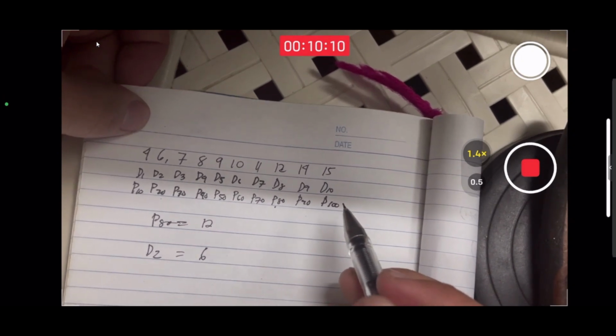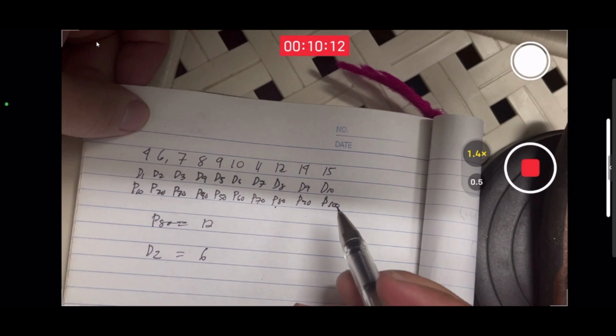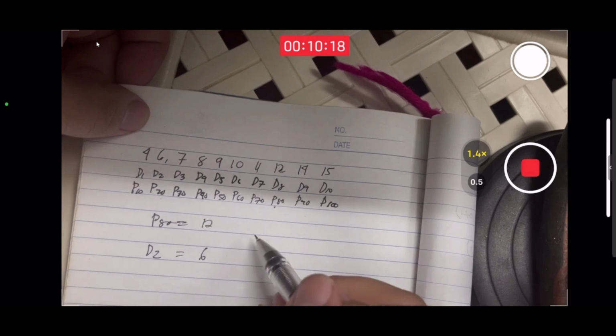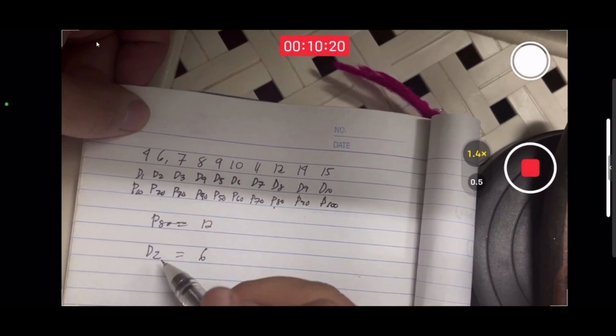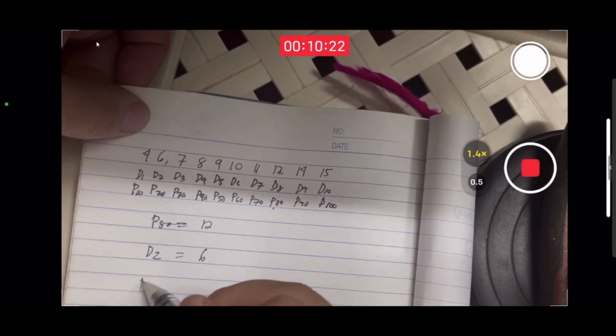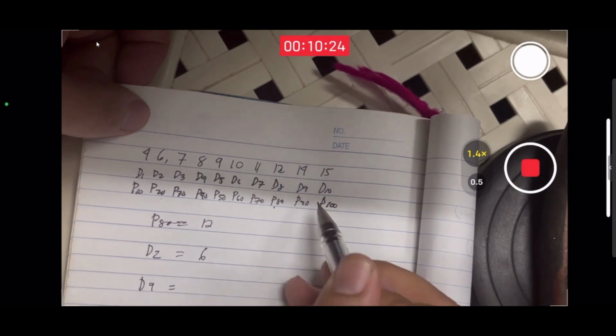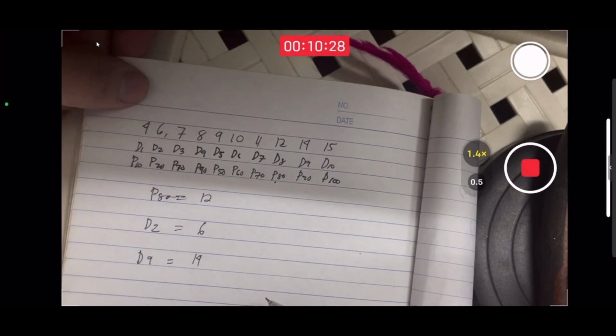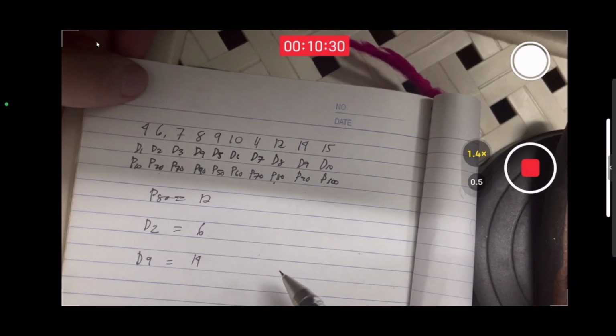And how about decile 9? When they say decile 9, that will be your answer. So that is how we find the positions.